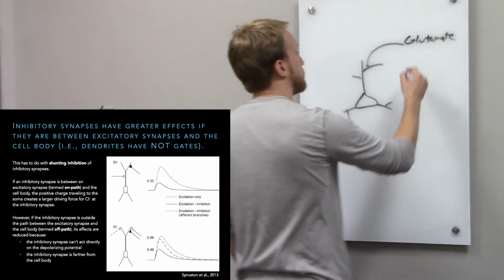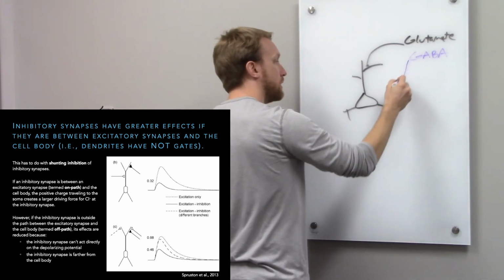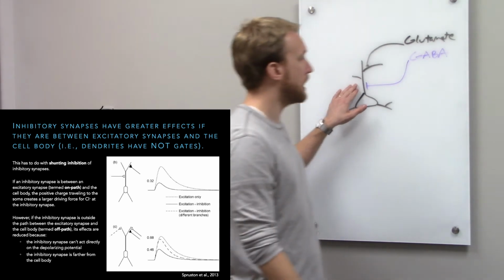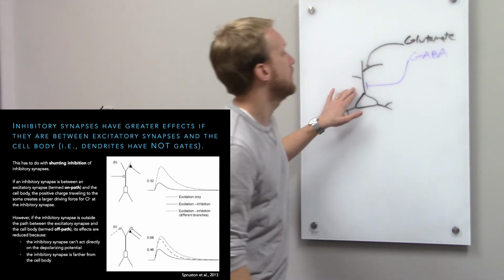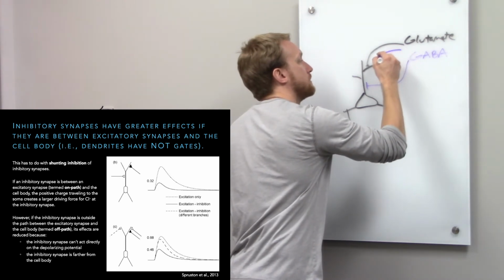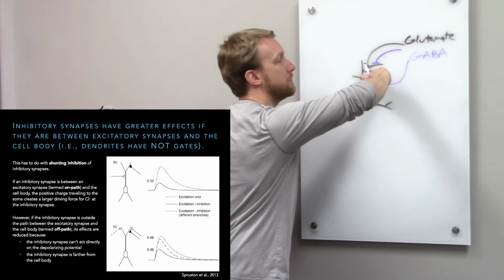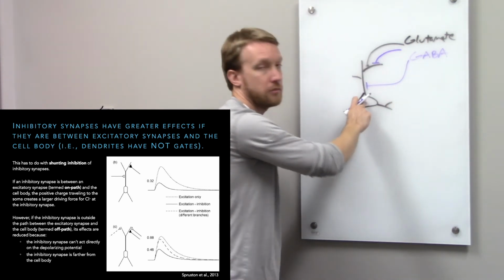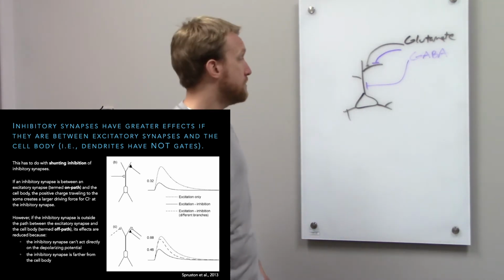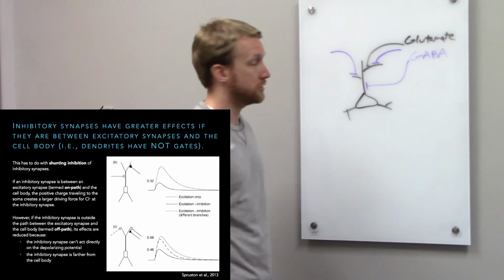Let's get ourselves a purple GABAergic neuron, and let's put our inhibitory synapse right here. This is going to have a more pronounced effect on the currents here than if I had a synapse closer here, but not between the synapse and the cell body. In other words, having it off path. And it'd be even weaker if I were off path and on a different branch.